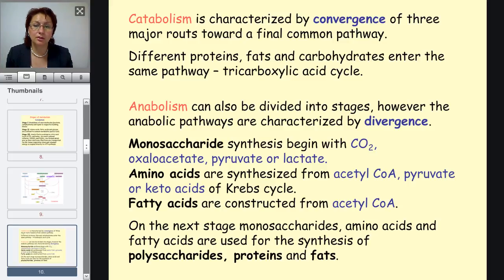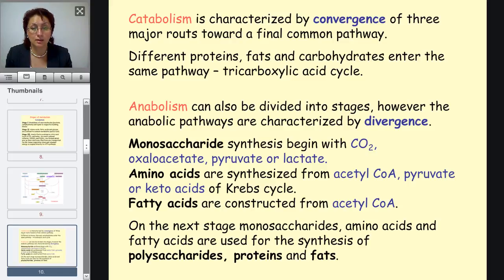Catabolism is characterized by convergence of three major routes toward a final common pathway. Different proteins, fats, and carbohydrates enter the same pathway, the tricarboxylic acid cycle. Anabolism can also be divided into stages. However, the anabolic pathways are characterized by divergence. Monosaccharide synthesis begins with carbon dioxide, oxaloacetate, pyruvate or lactate.